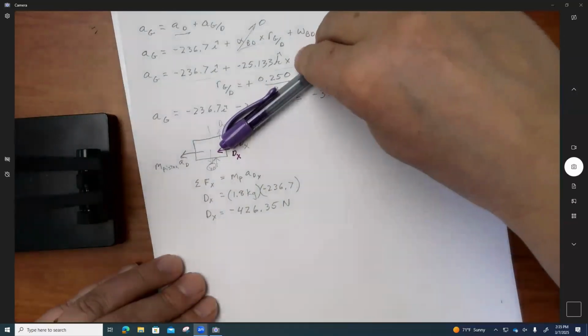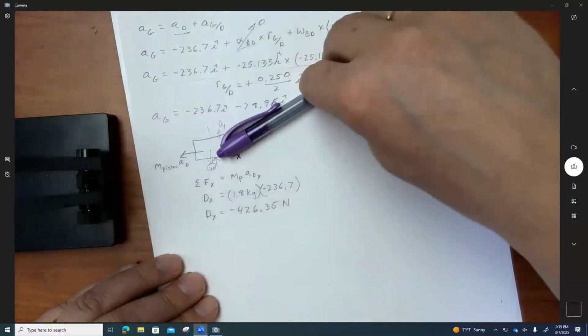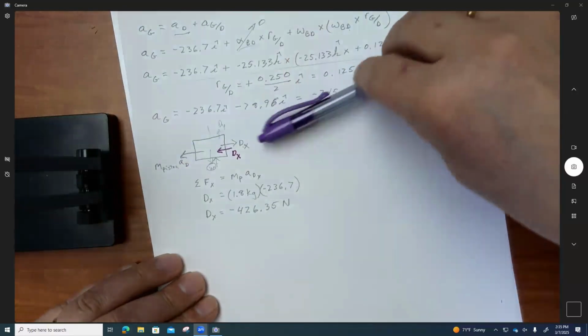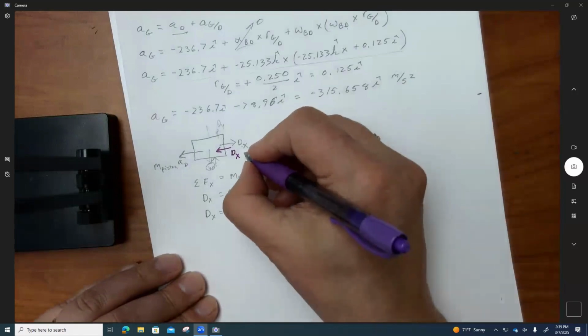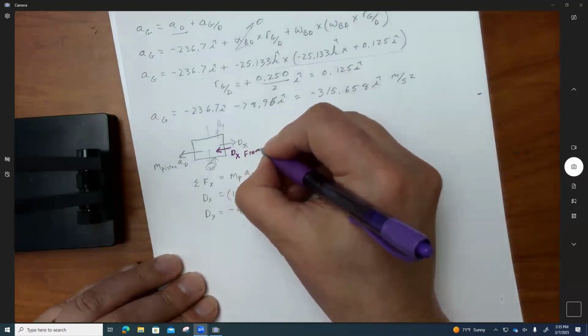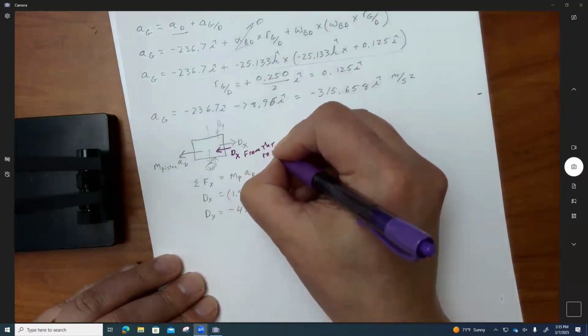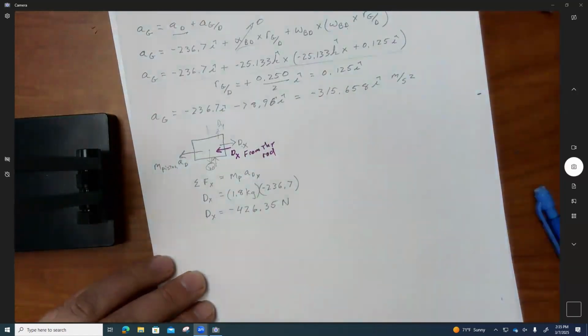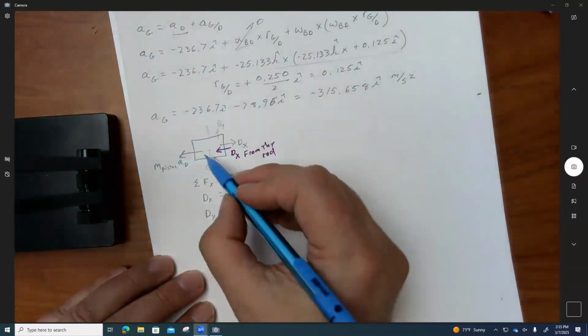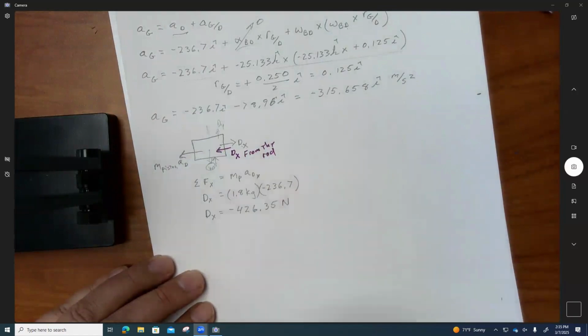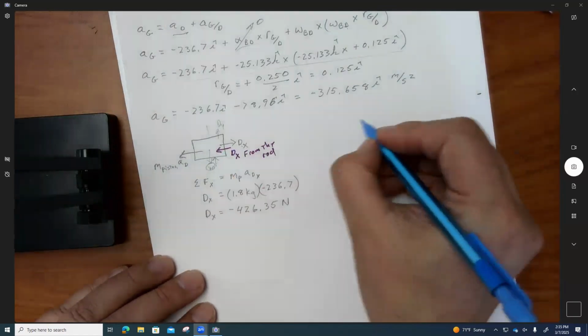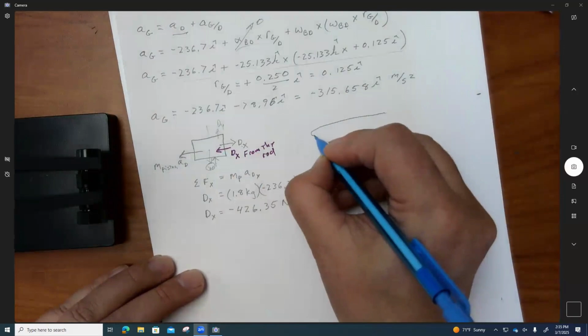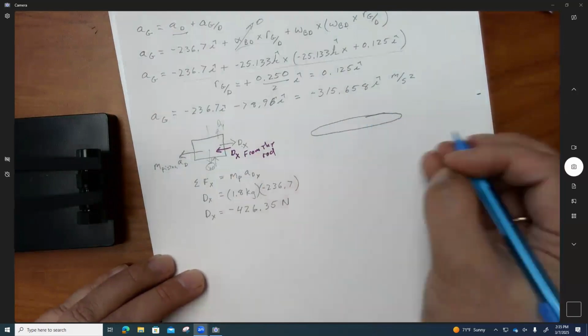The rod is pushing on the piston, and so this is from the rod. And then the piston is pushing back on the rod. Frames and machines, equal and opposite.